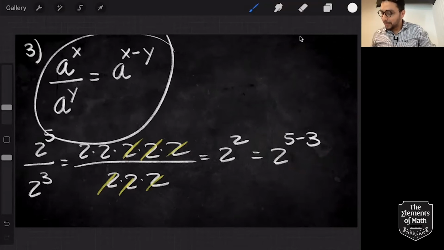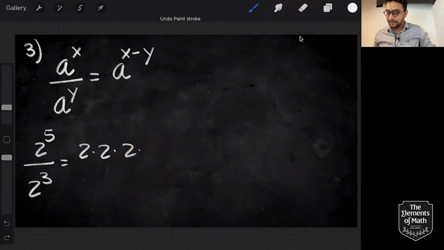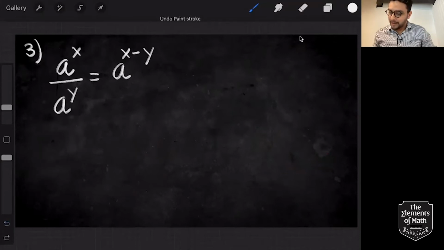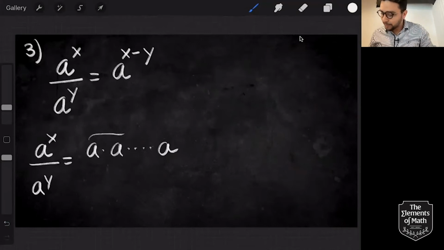Great. Being more general, you can think that if you have a to the power x over a to the power y, with natural numbers x and y, you have a times a, x times, you multiply a by itself x times.